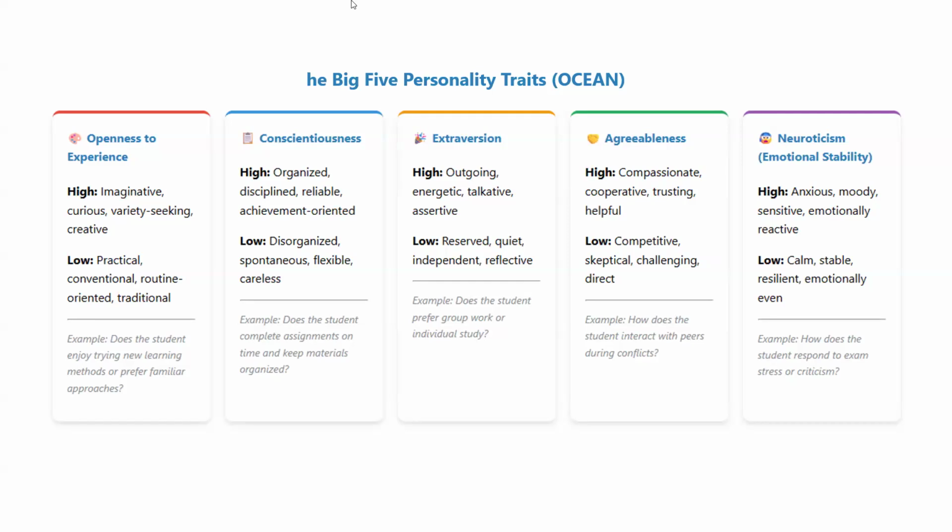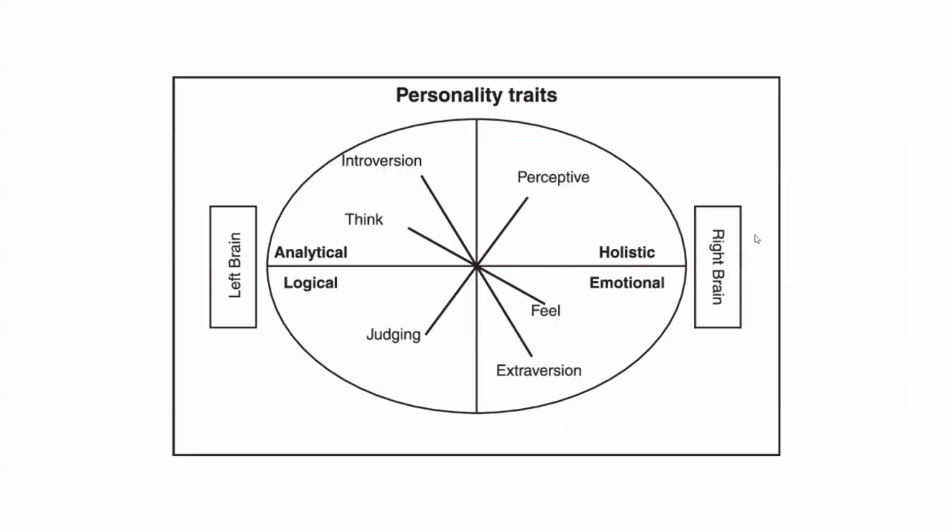There are different types of students in our classroom, even in personality traits. That's why we say OCEAN. They are different in IQ level, in personality, and in their attitude. So, scholars have explained personality traits with a diagram.